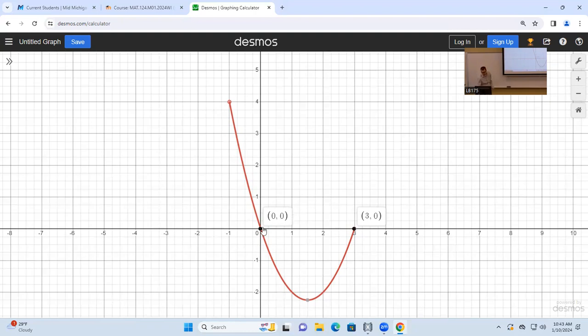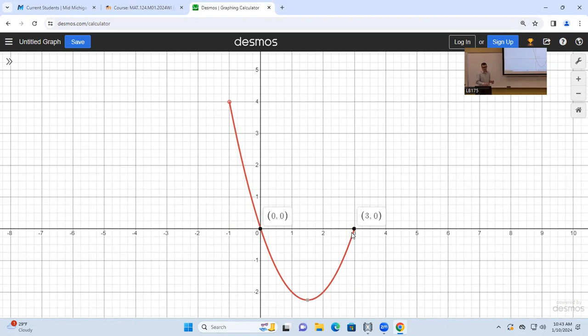For part of the way it decreased, and for the other part it increased. So between 0 and 3, it's neither decreasing nor increasing. It's kind of doing both, right? So don't think that just because you start and stop at the same point, that means it's constant.